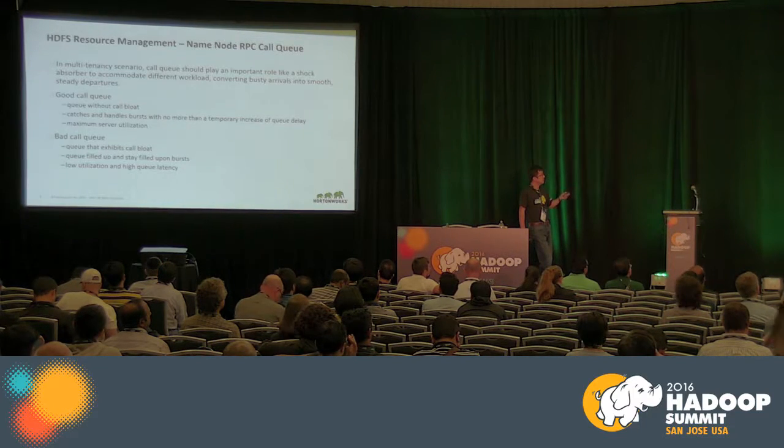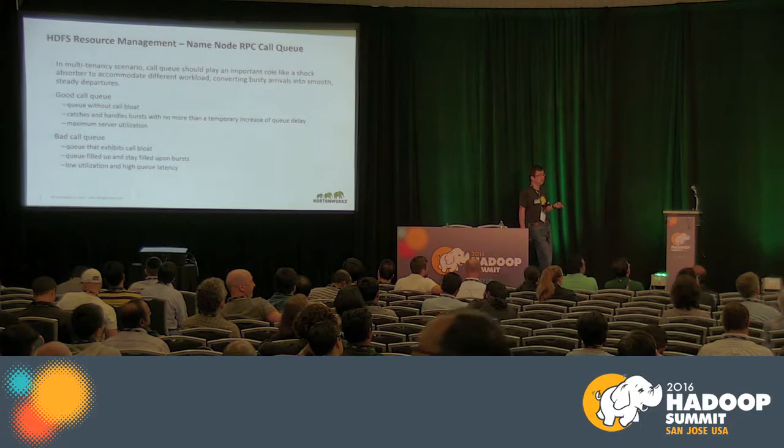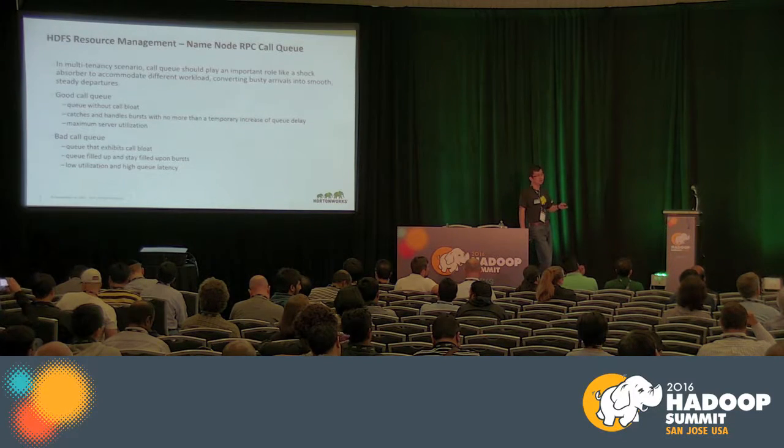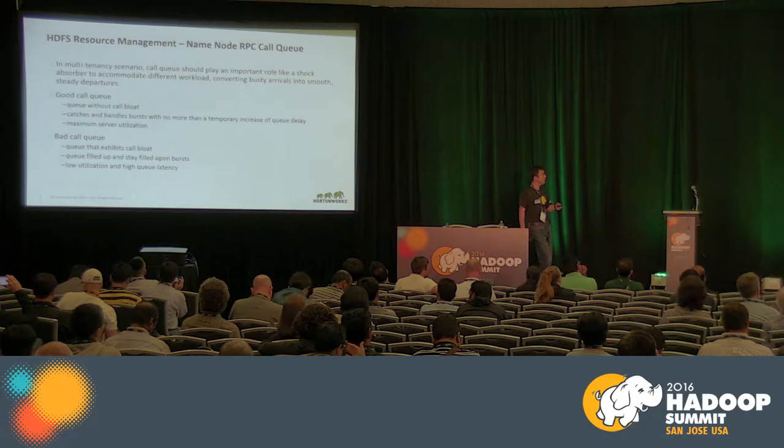The call queue plays a very important role in the multi-tenancy environment, because there could be more intensive accesses than traditionally, when you had a dedicated call queue for one certain type of workload. A good call queue should have certain good attributes.